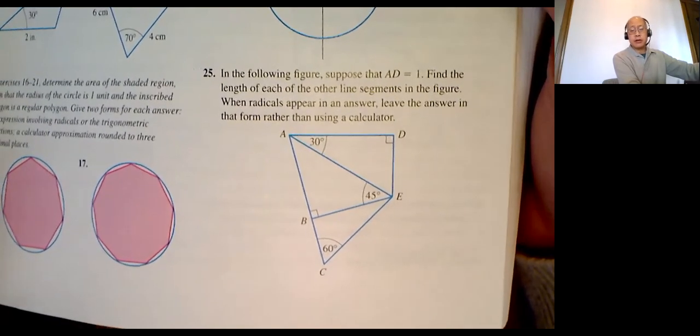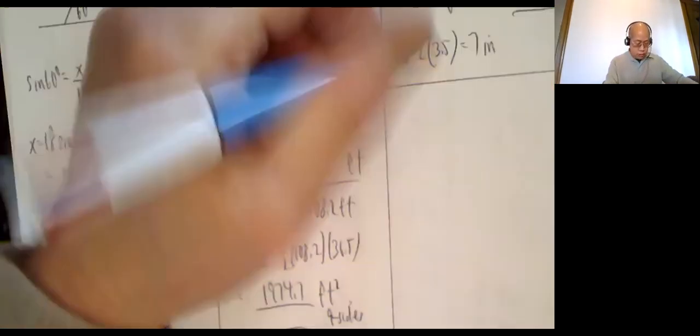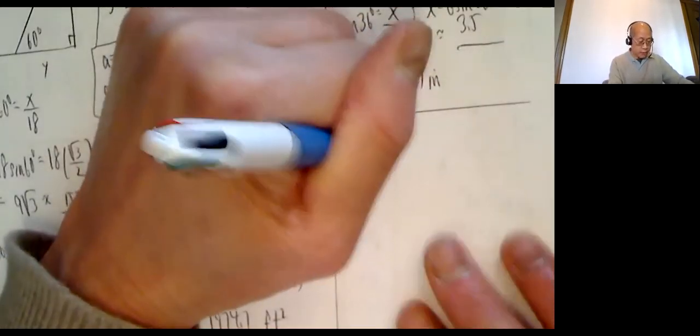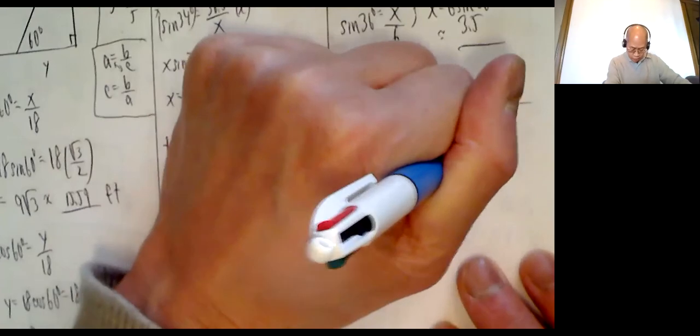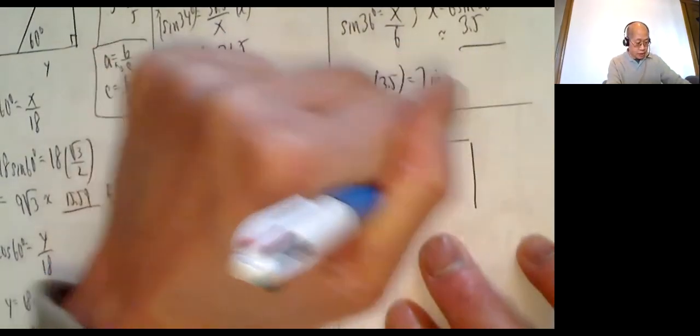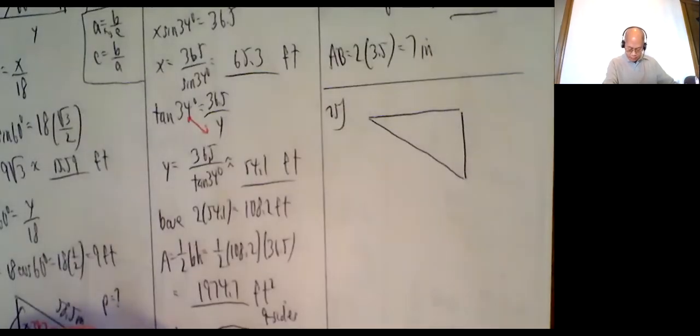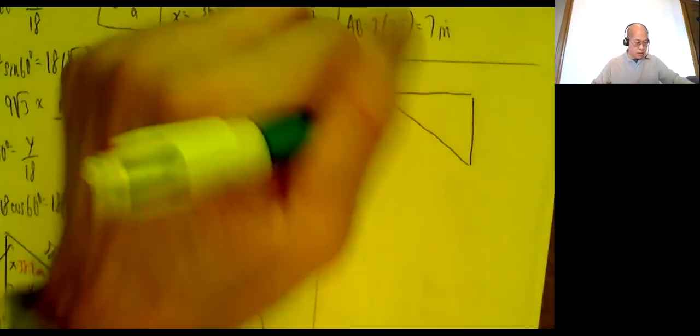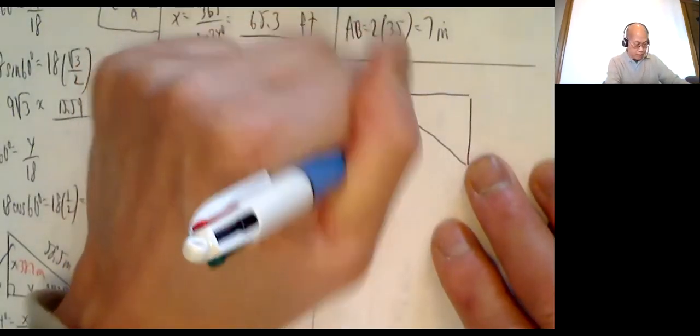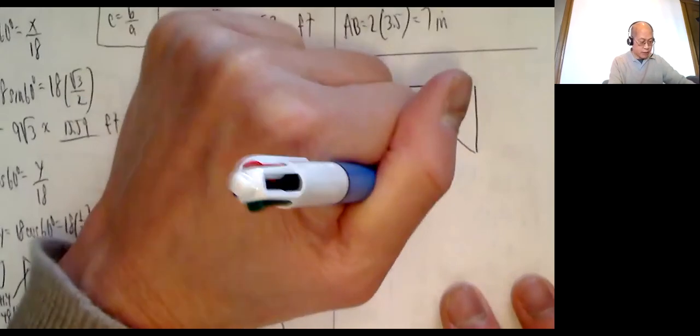Okay, so let me try to draw something similar to that picture. It's probably better if I don't use my ruler, just freehand it, since it's not going to be that accurate anyway. Okay, I'm trying to draw the picture that they give us here.